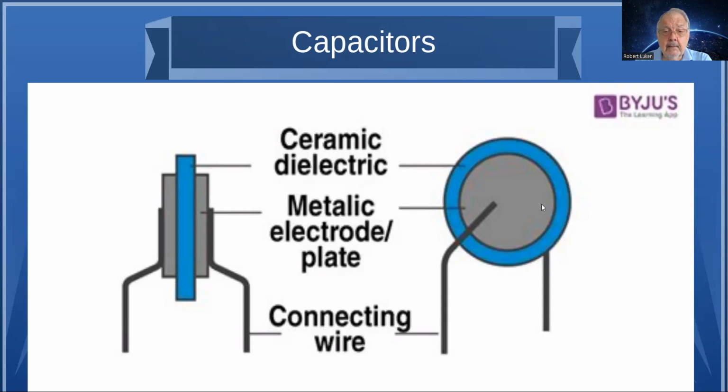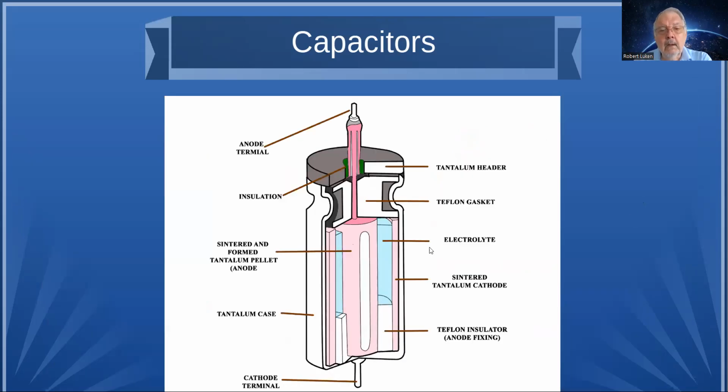Like I said, it's just a metal plating on the outside, and then they put some conformal coating on it. This is kind of one of the electrolytics. This would be a tantalum, where there's some electrolyte in there. It's somewhat similar to a battery, actually.